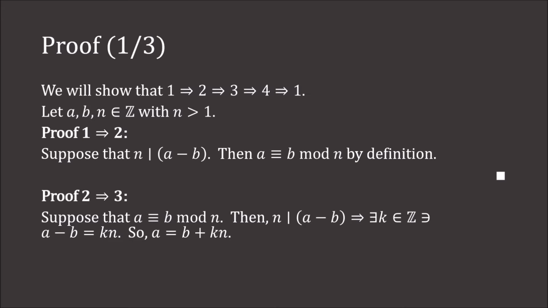Then n divides a minus b, which means that there has to be an integer k such that a minus b is k times n. You can solve for a, and we get that a is then equal to b plus kn, and so that proof is complete.